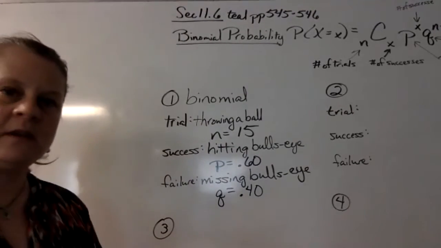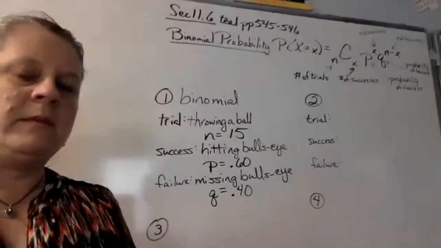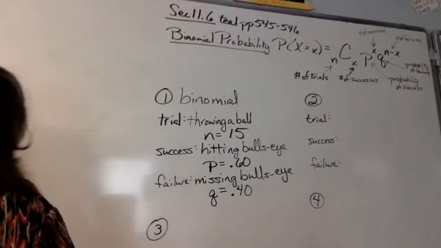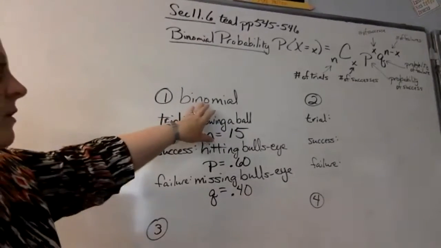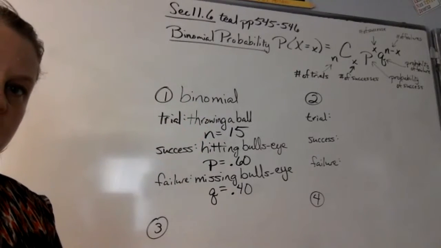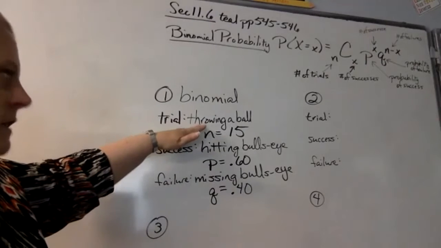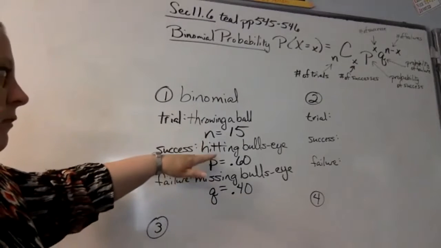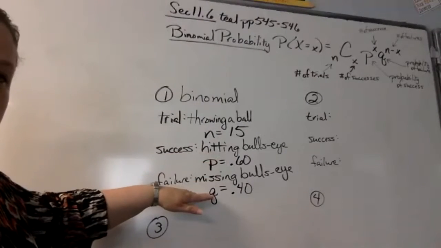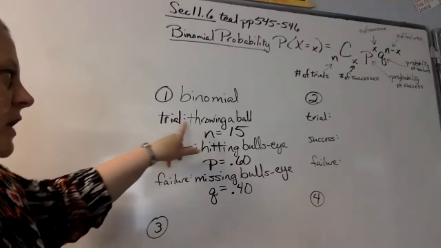Okay. So when you see my formula up there, that's where we're going to be talking about those numbers later. Okay. So it's binomial because it met all 4 of our criteria on page 540. We have what she was actually trying to do, we have what the success was, what the failure was, and then we have our N, which goes with our trial.